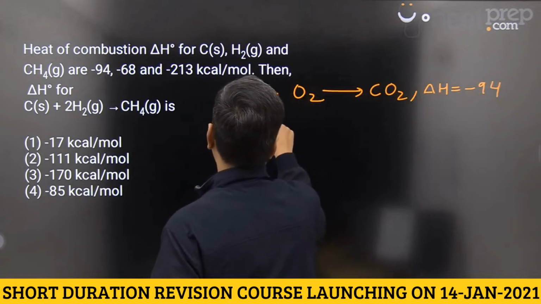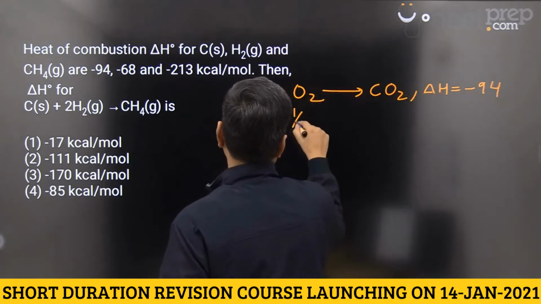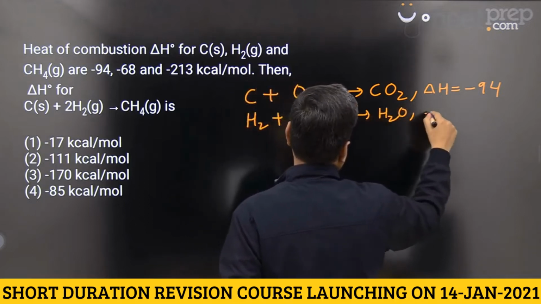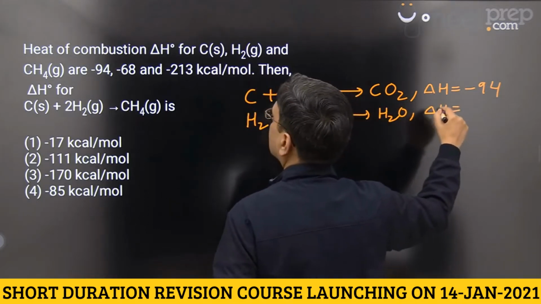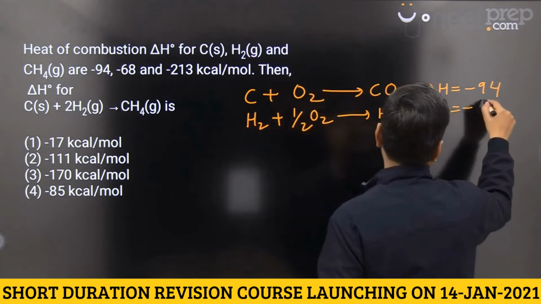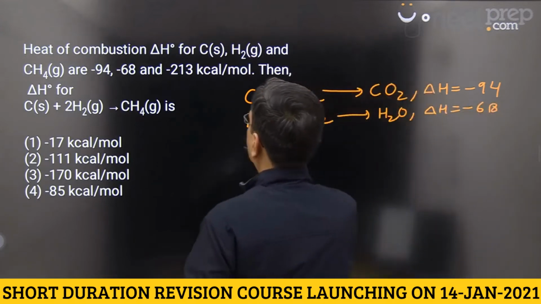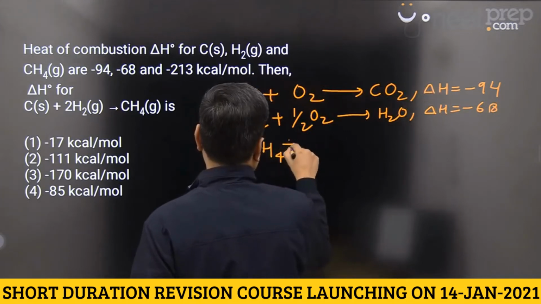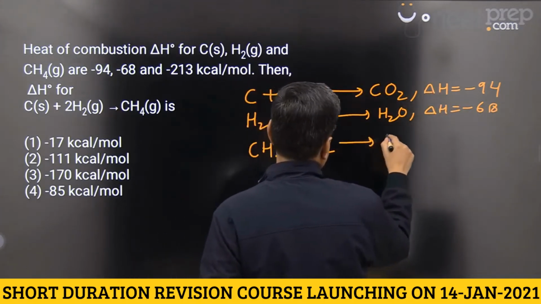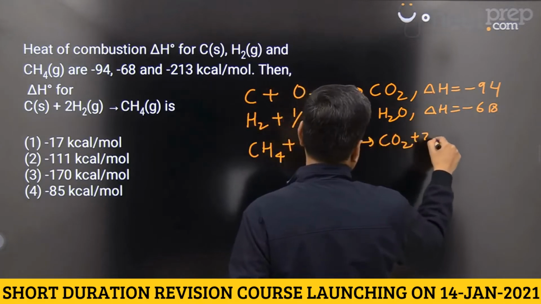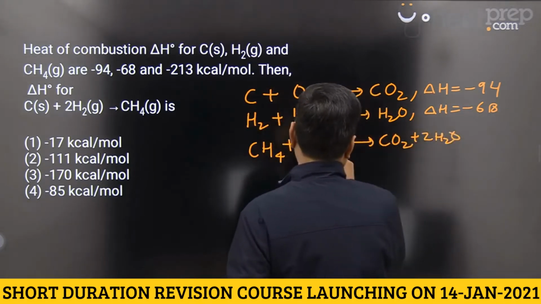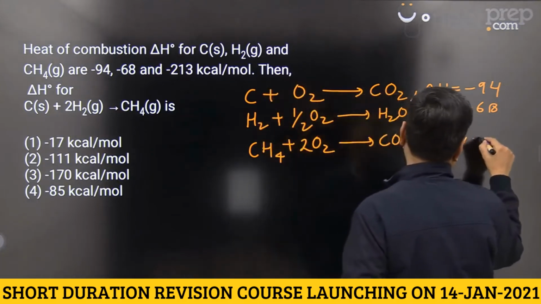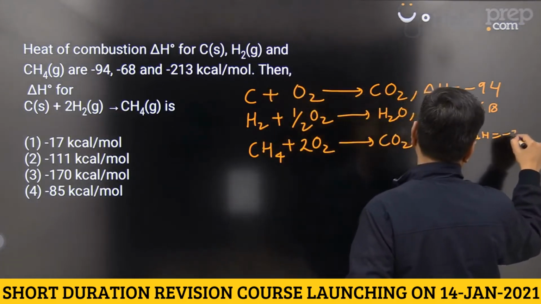Now H2 plus half O2 is equal to H2O, and delta H is equal to minus 68. And CH4 plus 2O2 gives CO2 plus 2H2O, and delta H is equal to minus 213.